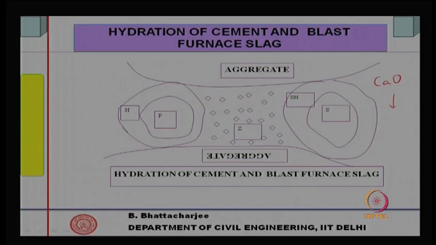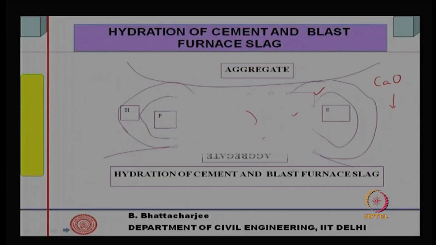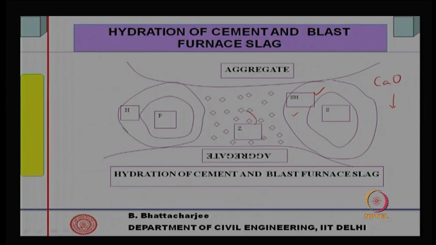So, slag can also hydrate, and the hydration product of slag is here. Because it has excess silica, this can react with the calcium hydroxide that was there originally and produce Z, which is pozzolanic material. We said that Z is nothing but the product of pozzolanic reaction. Calcium hydroxide is a non-sealing precipitate and does not have bonding capacity, but CSH gel has.